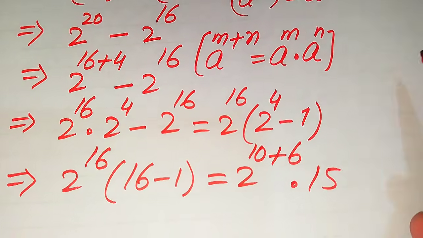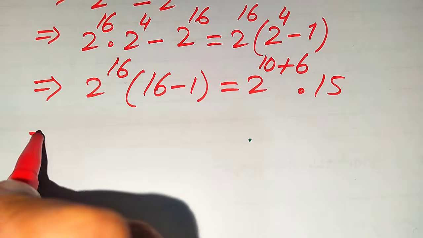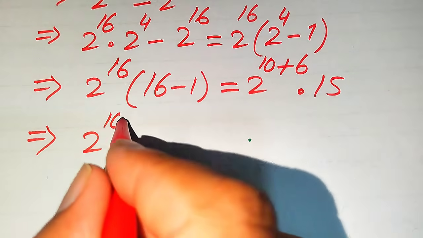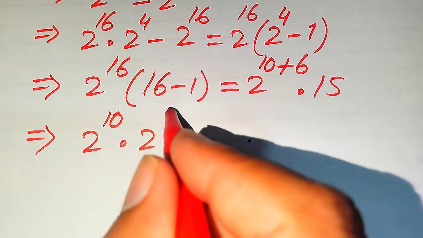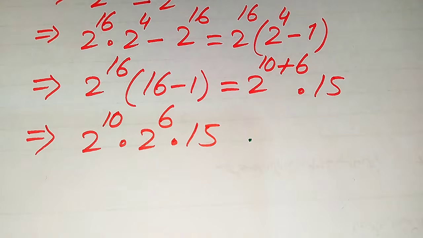So here we again use this exponential law. According to this law we break these two exponents and it will be written as 2 to the power of 10 multiplied by 2 to the power of 6, multiplied by 15.